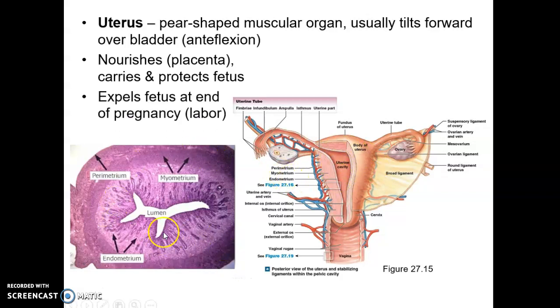This is a cross-section of the uterus showing the uterine cavity or lumen. At labor, the smooth musculature of the uterine wall will contract and expel the fetus out of the cervix, through the vagina, which now serves as the birth canal.